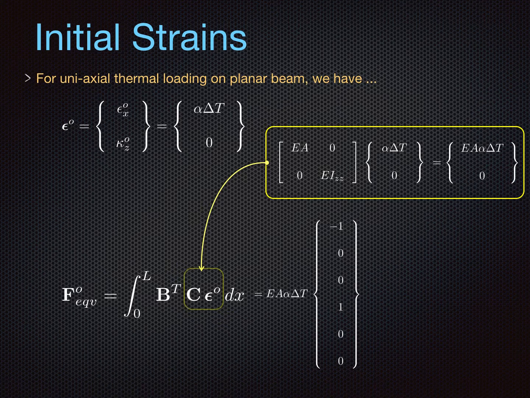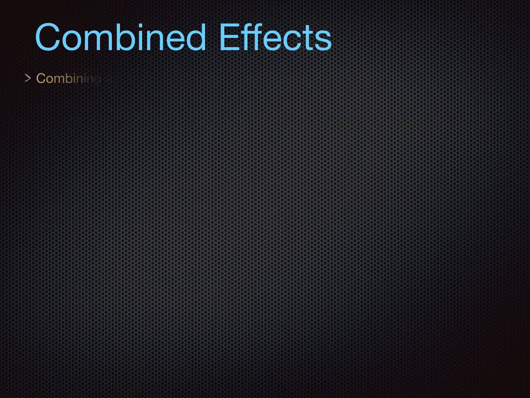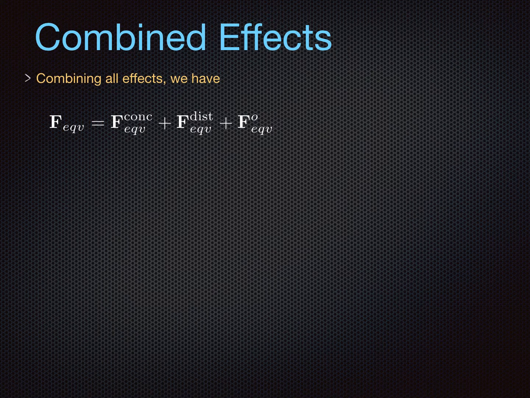And if you have combinations of these effects going on for your given problem, your equivalent nodal loads would be just a simple sum of all these different effects. If you have concentrated elements, they'll contribute to the concentrated equivalent nodal loads. If you have distributed elements, using the appropriate integration, you can include their contributions to the equivalent distributed nodal load vector.